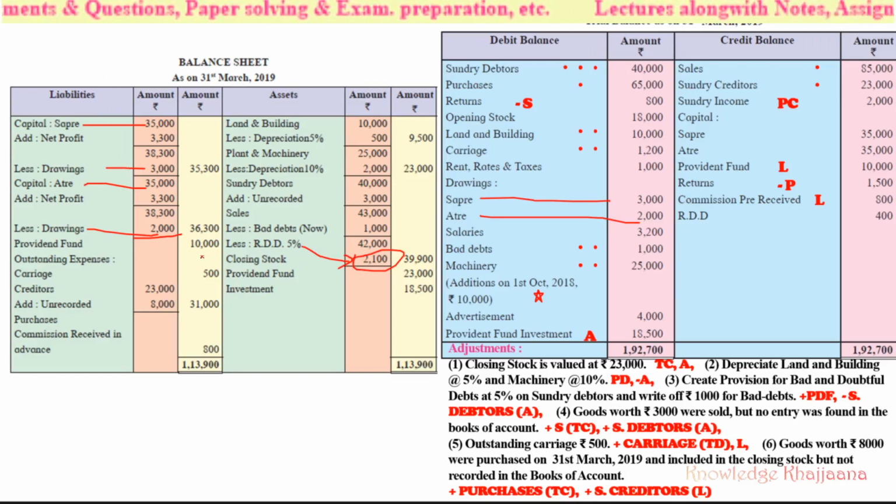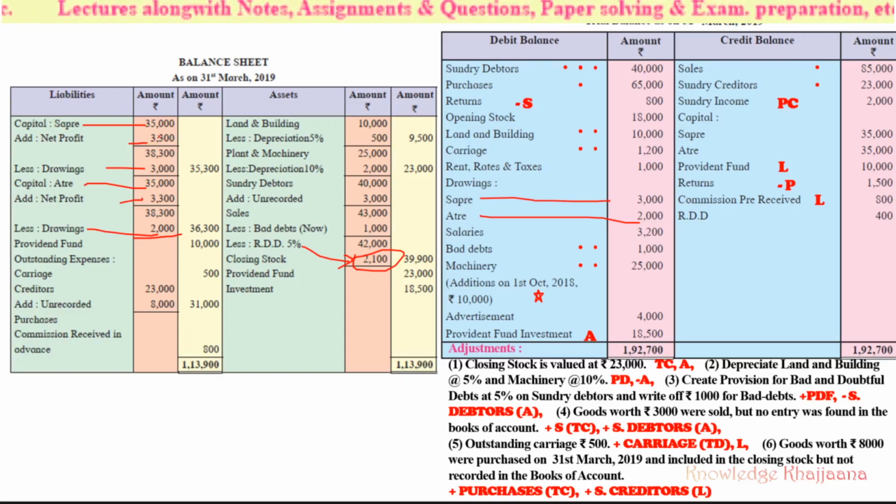Then only we will be able to calculate the net profit, which was rupees 6,600, divided equally between Sapre and Atre, that is rupees 3,300 each. So to the capital we have to add the net profit of rupees 3,300 each.